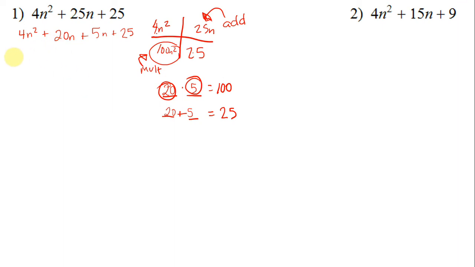Next, I'm going to factor out the greatest common factor. Here I can take out a 4 of each and I can take out an n of each. This is going to leave me with n. 20n divided by 4n is going to leave me with 5. I'll carry down my plus sign. And here I can take out a 5 of each.